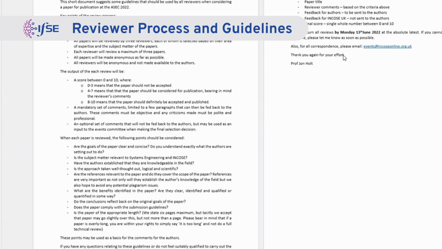And then of course we've got the deadlines on this. Bearing in mind that all of our reviewers have deadlines, the deadlines are put in place to make sure we can get everything collated, we can get the proceedings done, we can get everything in place before the ASEC. If you ask for an extension on time, sometimes we will grant one if the circumstances are appropriate, but bear in mind the timeframes that we're operating on.